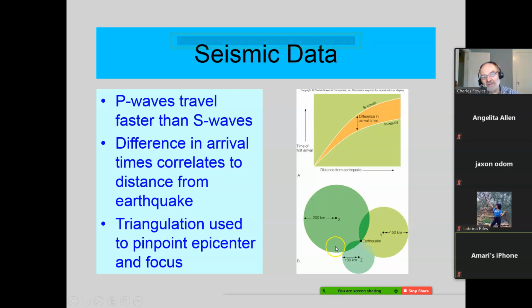Down here may have been the 100 kilometer. This is in a different location. Up here could have been the 200 kilometer distance from the earthquake. The difference between the arrival times of the P and S waves lets you know how far you were from the focus and or the epicenter.